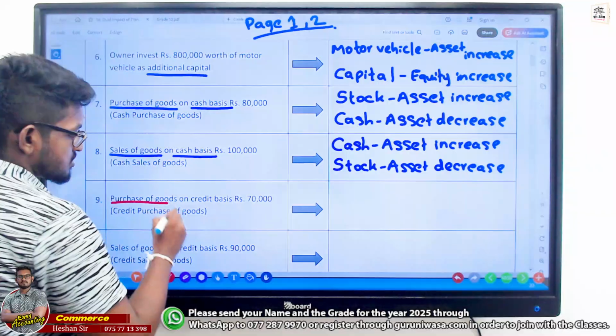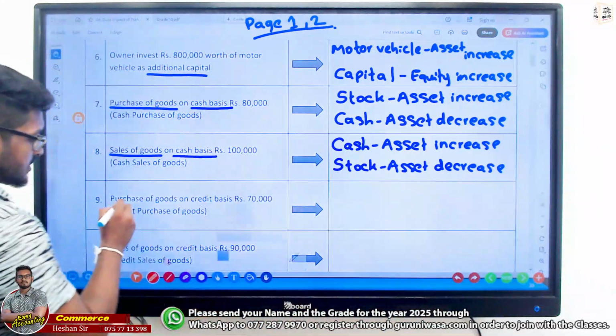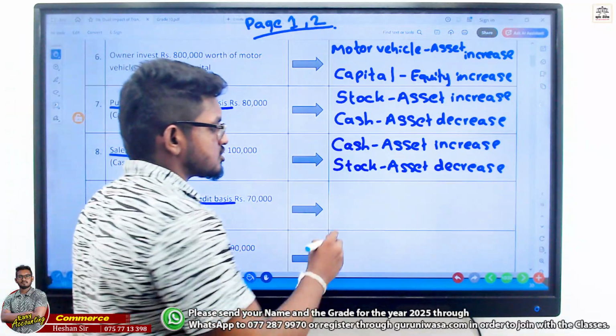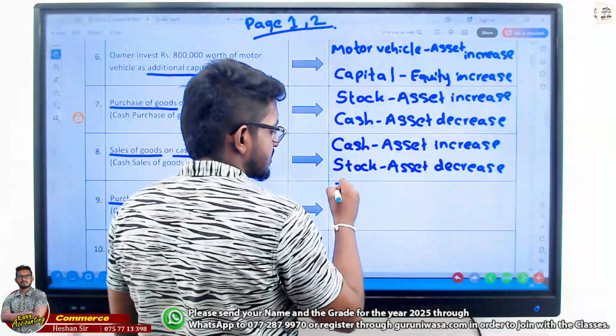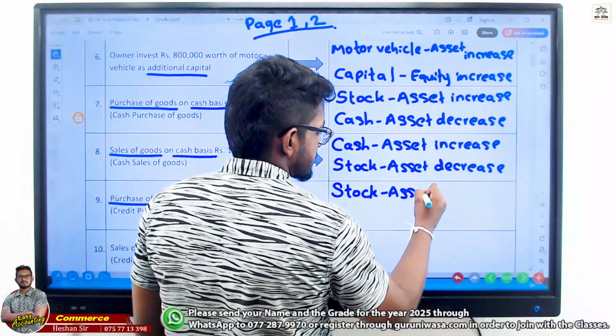Right. Now another part. Purchase of goods. Which basis? Credit basis. When we purchase stocks on credit basis, what does the business get? Stocks. Stock asset increase.